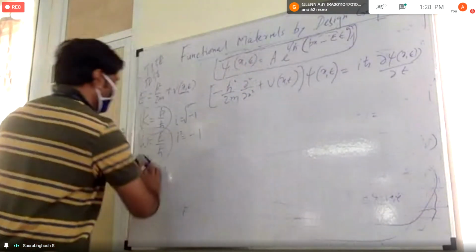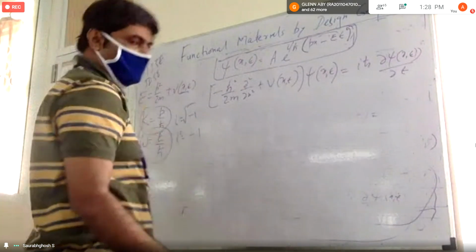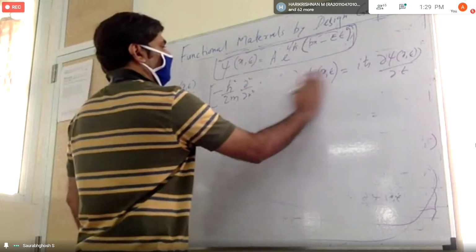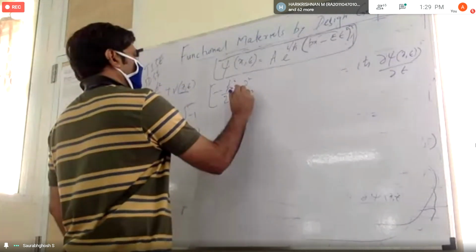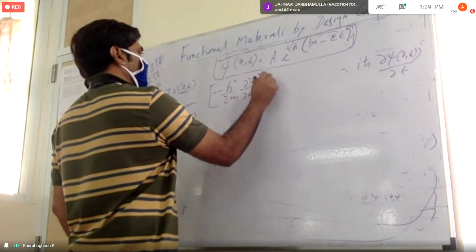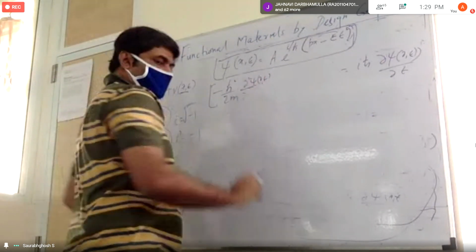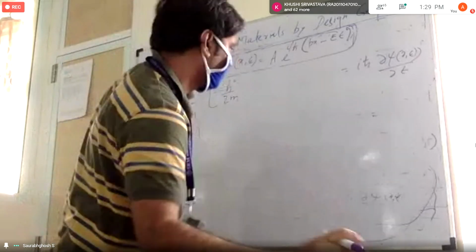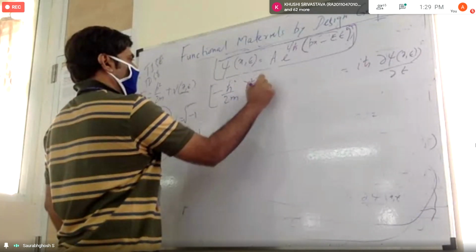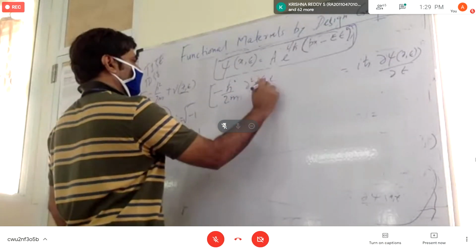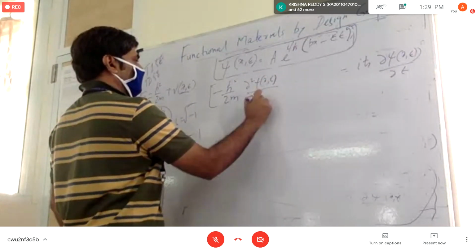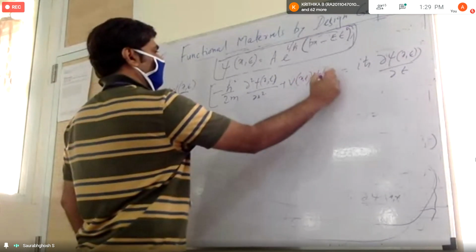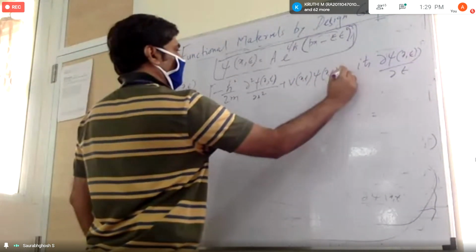This is my time dependent Schrodinger equation: minus h cut square by 2m del square psi of x,t by del x square plus V external of x,t psi of x,t is equal to this.